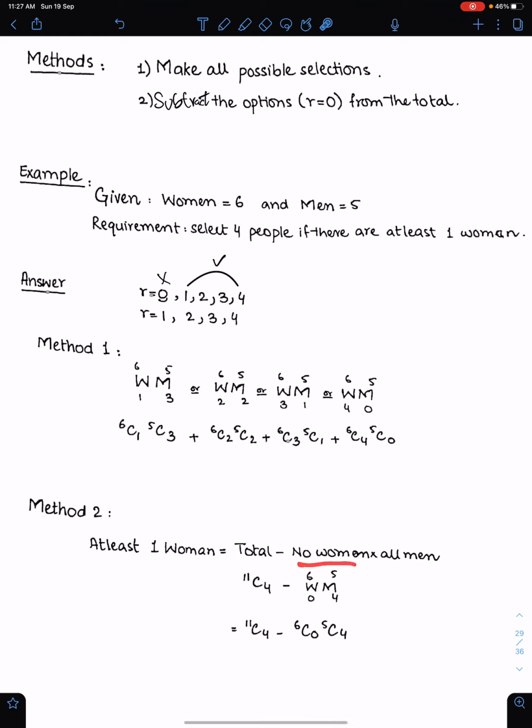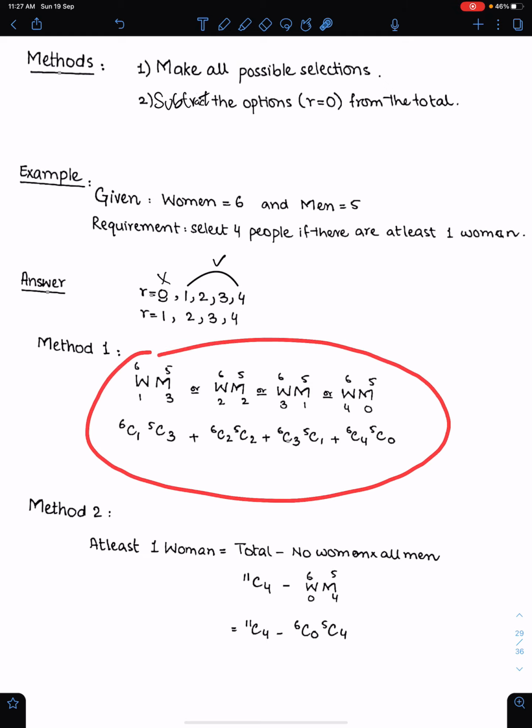No woman, all men. So total means 11C4, because there are altogether 11 people and we have to select 4, so 11C4. No woman means 6C0, and obviously when we have no woman, we will have all men, so 5C4. This is method 2.